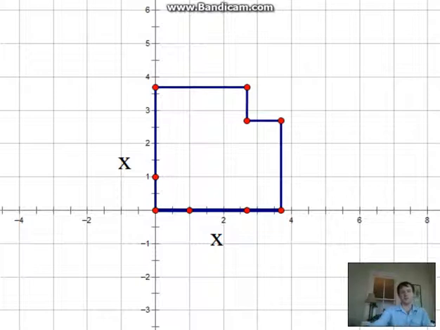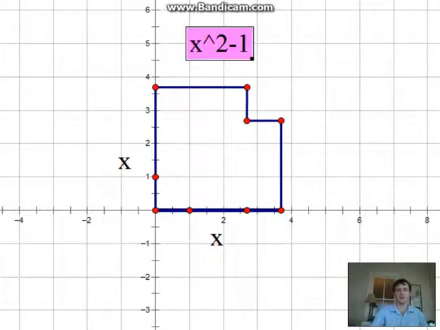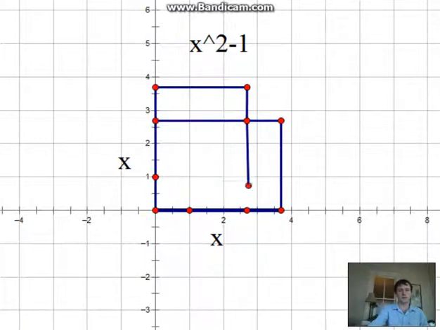So in this case, what we're looking for is x squared minus 1. That's not the nicest way to look at it, but that's the symbol we're going to use for now. And what we can do is look at this in terms of three rectangles.